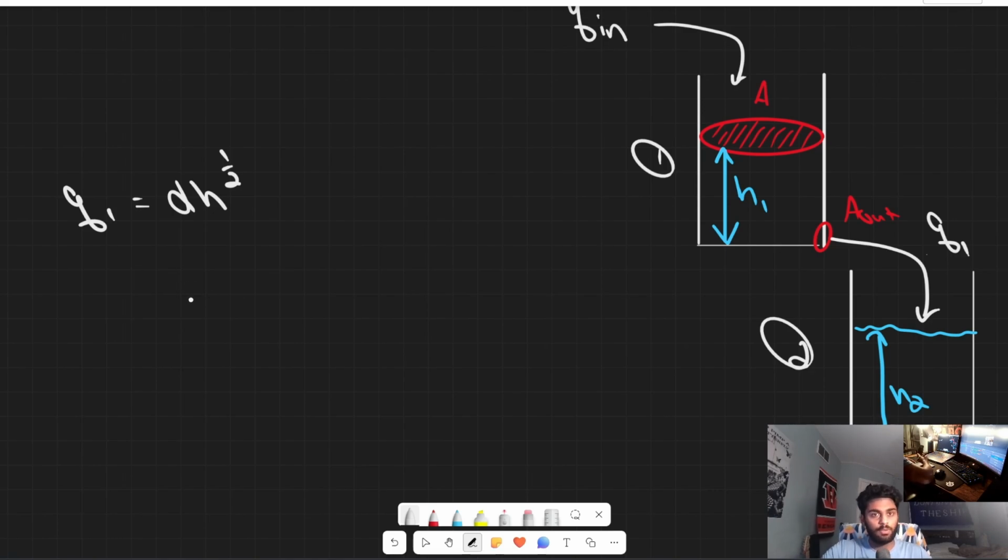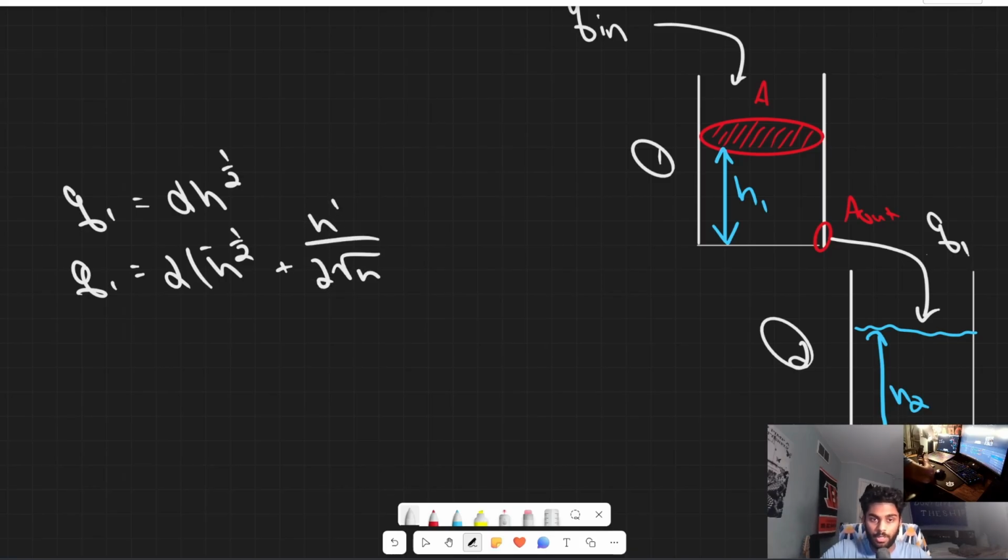So the first step is we need to linearize this. We get Q1 equals alpha times h bar to the 1/2 plus h prime over 2 root h bar, very similar to what we did before. Then we want to find our steady state solution.